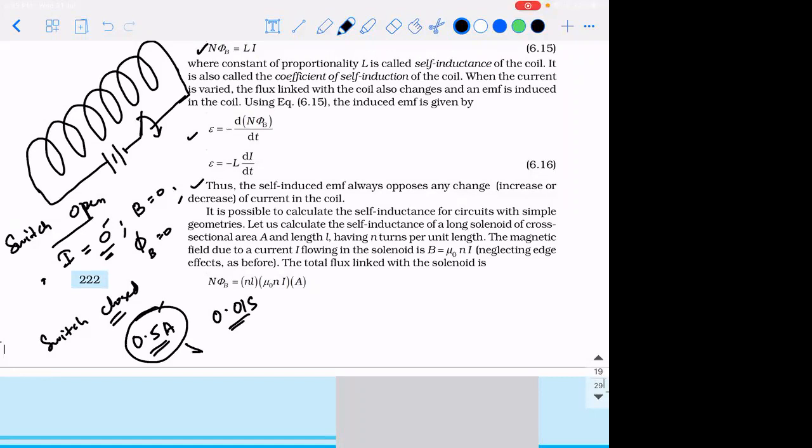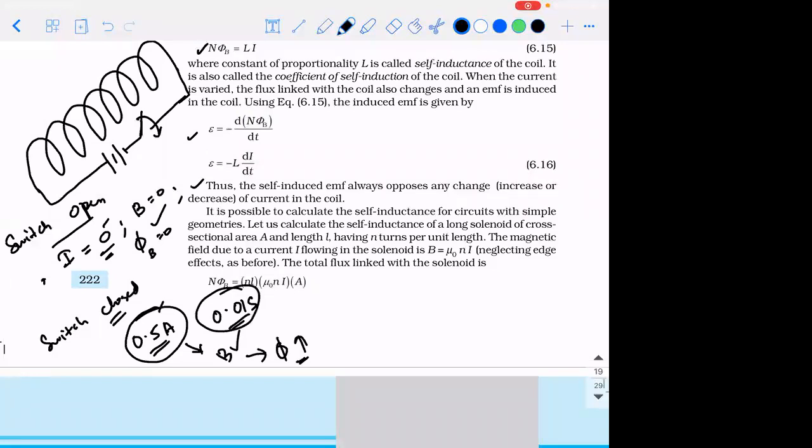As a result of which, there will be an increase in the value of B. As a result of which, there will be an increase in the value of flux. So what has happened? Initially, the flux was 0, but in 0.01 seconds, at that instant, the flux has increased.